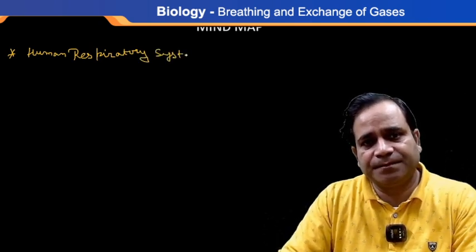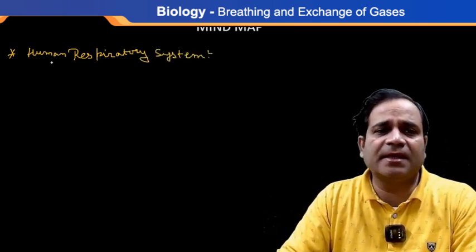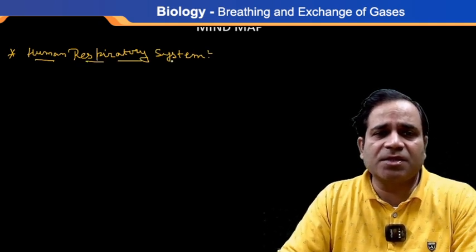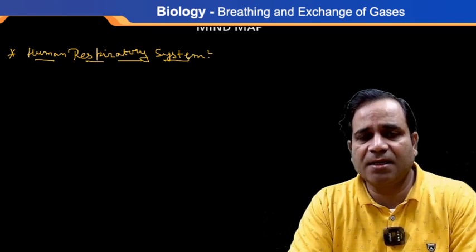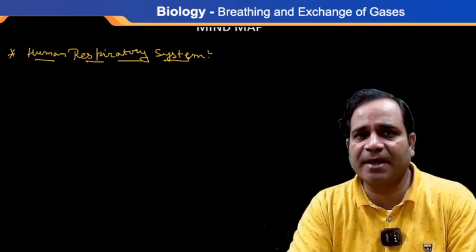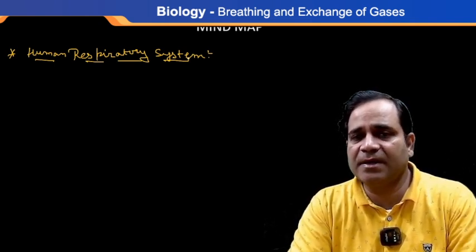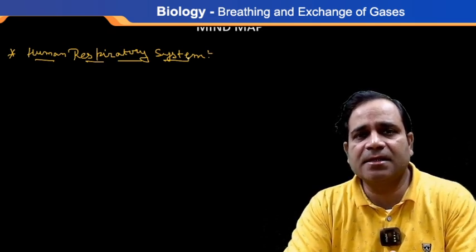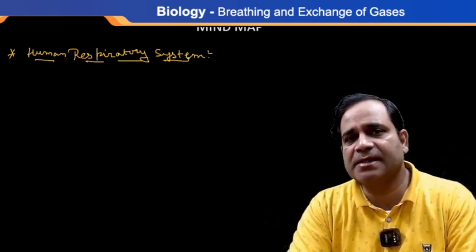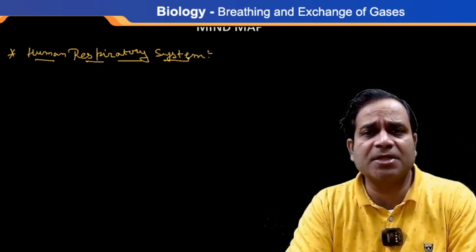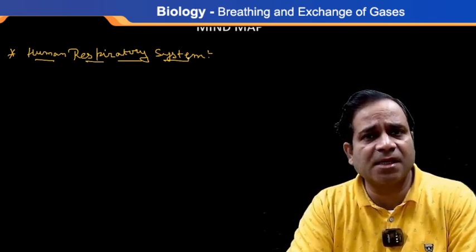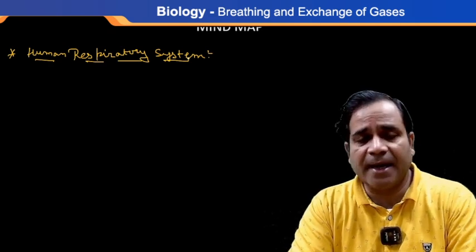Okay. The system which is mainly responsible for the exchange of gases from air to within the cells, and outside the cells also, some exchange of gases takes place. And you all know this exchange of gases is very essential for every living organism. Why am I saying this?